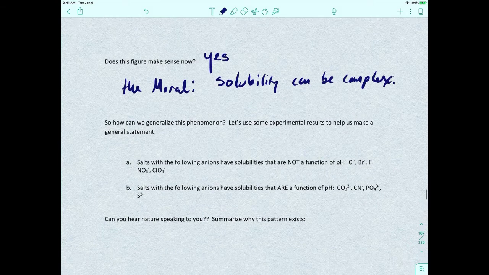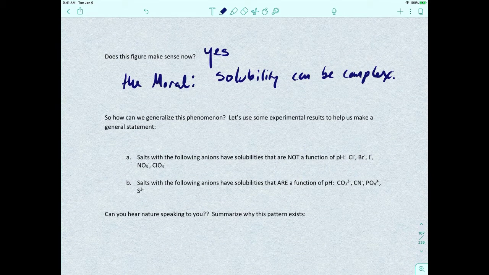Okay, so how can we generalize this phenomenon? Let's use some experimental results to help us make a generalized statement. We're going to look at this in two passes. The first pass is salts with the following anions, which have solubilities that are not a function of pH. If you remember, these are the anions that don't change pH.